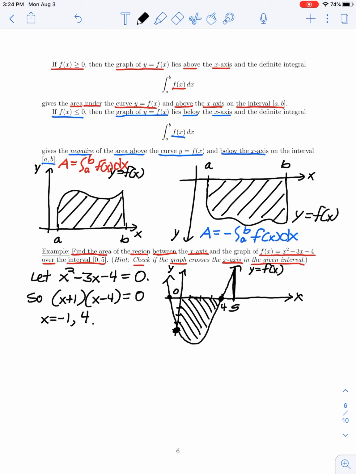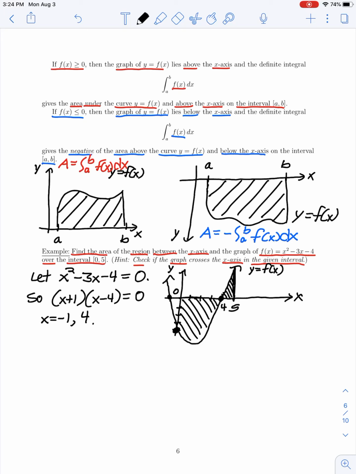The region which is below the x-axis and above our curve on the interval from 0 to 4, and then the shaded region that lies below the graph of our function and above the x-axis on the interval from 4 to 5.